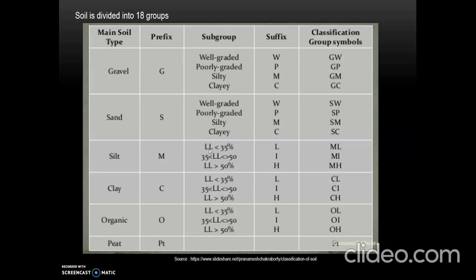In the previous classification system, that is the USCS classification system, we had seen that there were only two subgroups, that is liquid limit less than 50% and liquid limit greater than 50%.